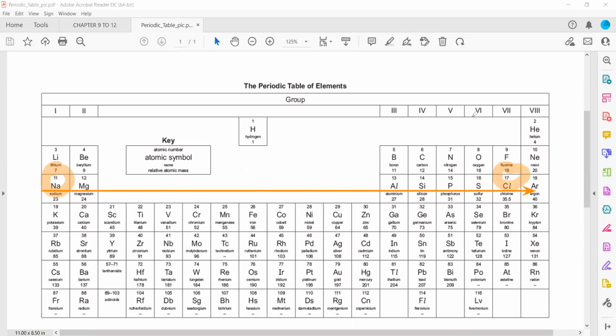But in this question, because the metal has more protons, the metal does not belong to the same period. It belongs to another period, or it has more electron shells.